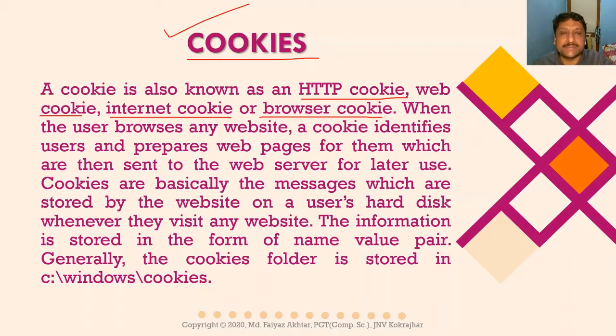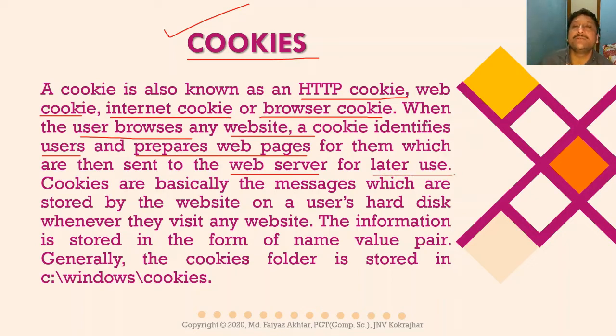Okay, what is this? When the user browses any website, a cookie identifies users and prepares web pages for them, which are then sent to the web server for later use.